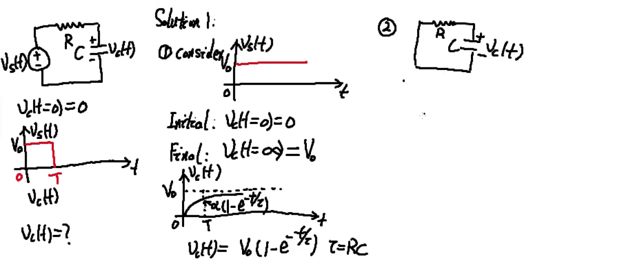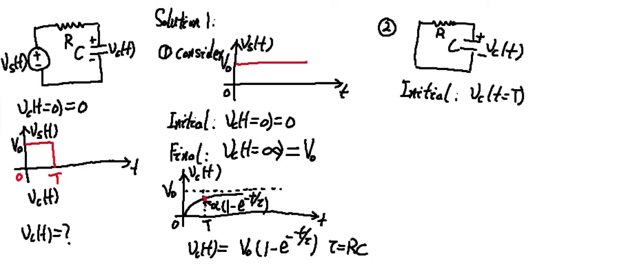Again, we can utilize the intuitive analysis. First, let's consider what is the initial condition. The initial condition is when t equal to capital T. And from the first part, we know when t equal to capital T, the voltage is this data point. Let me use a different color. So the voltage will be this data point.